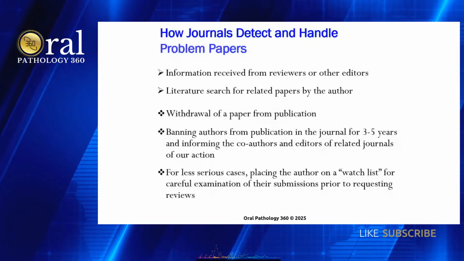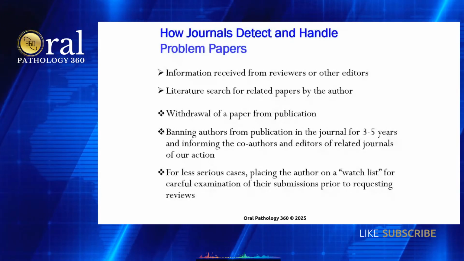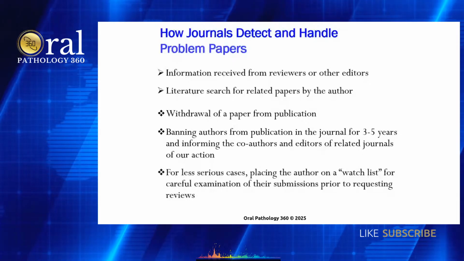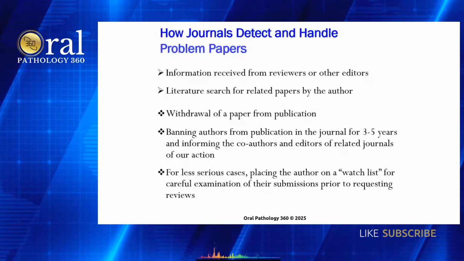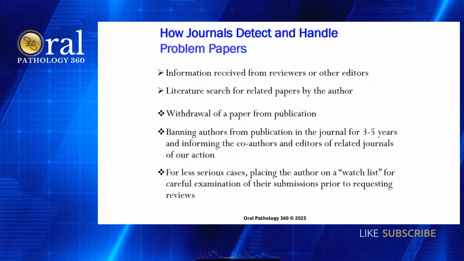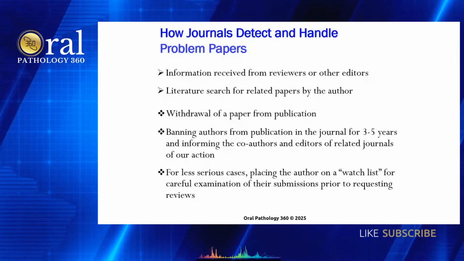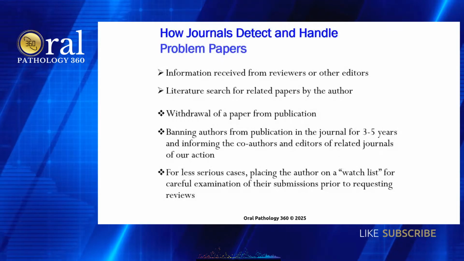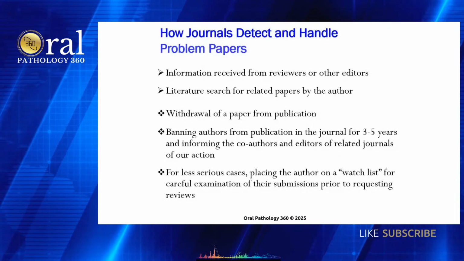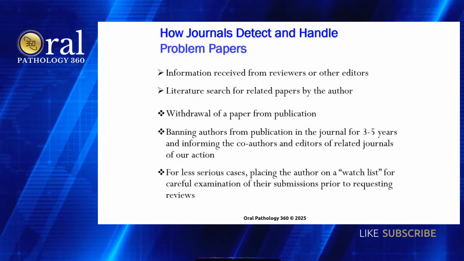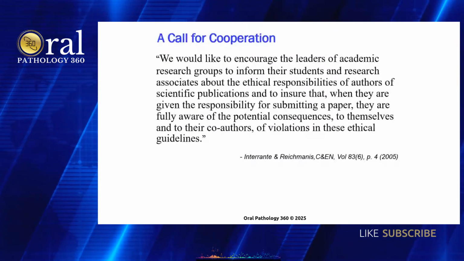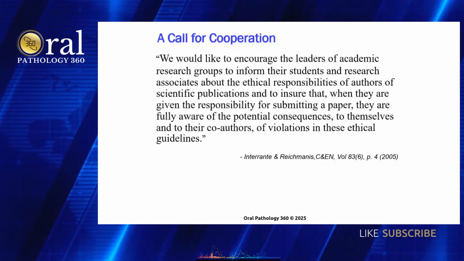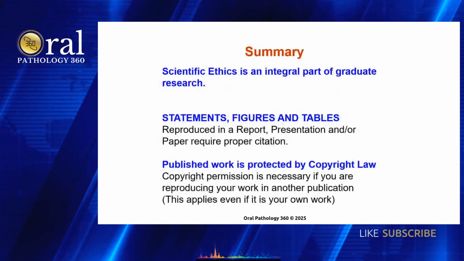You have plagiarism check softwares. It is easy to find out. Then withdrawal of a paper from a publication, they may withdraw your paper, banning the author from publication for 3 to 5 years. For less serious cases, placing the author on a watch list. So next time when you send a paper, they would be careful. So you need to be considering ethical factors always when you send a paper.